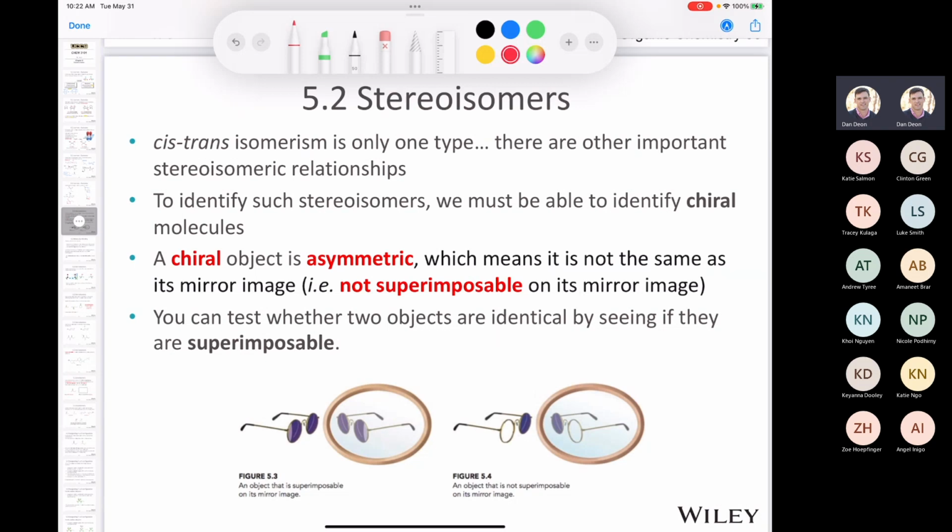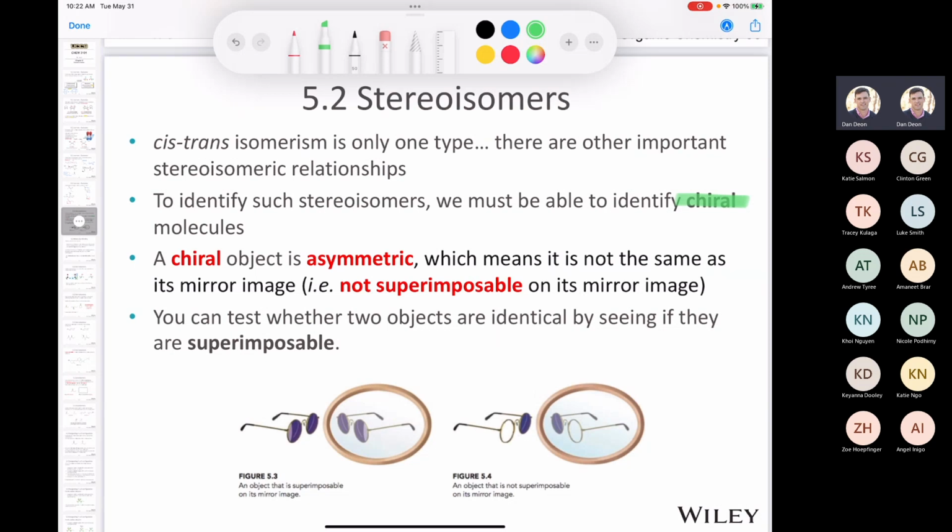And in order to identify other types of stereoisomers, we have to be able to identify what are referred to as chiral molecules. If you remember, I held up my hands and I said that they were non-superimposable mirror images. Well, that would mean that the human hand is chiral.